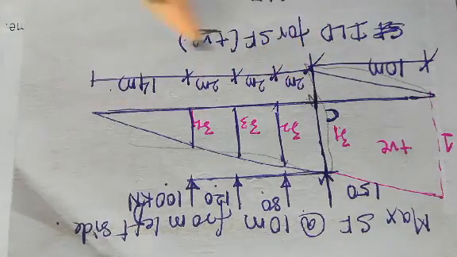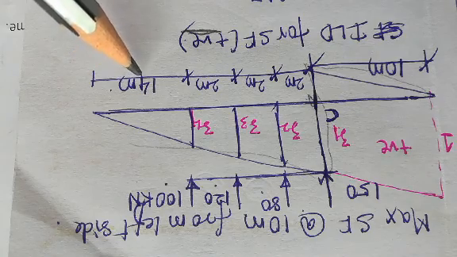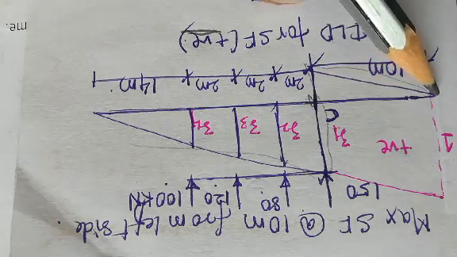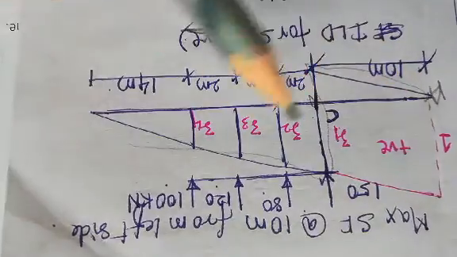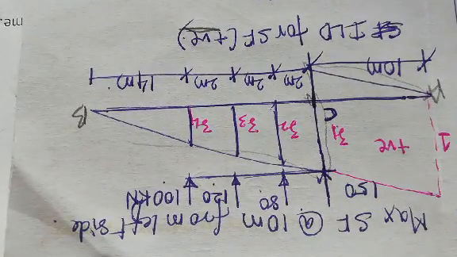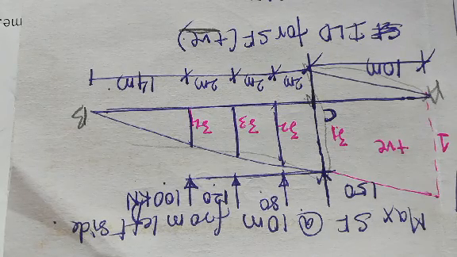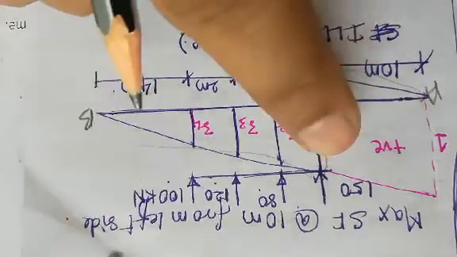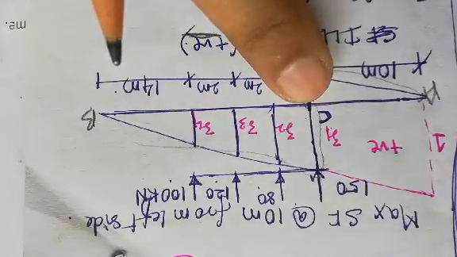Here you have A, this is C, and here B. The complete load should be in the CB section, or in other words you can say the tail of the load should be on point C.